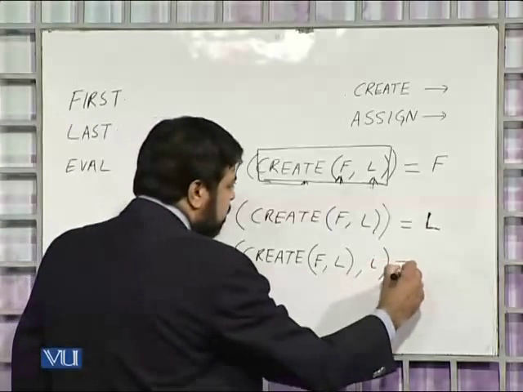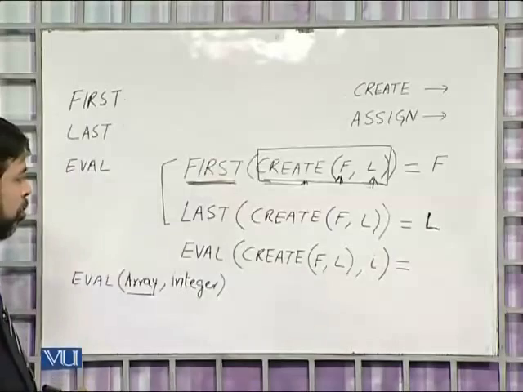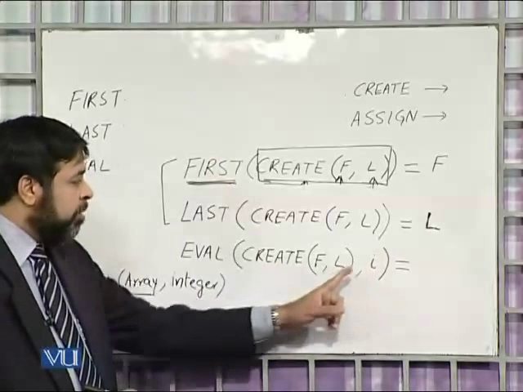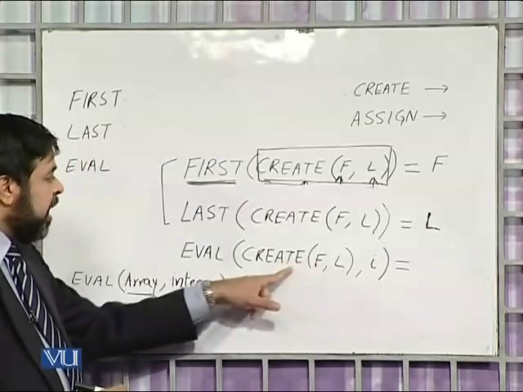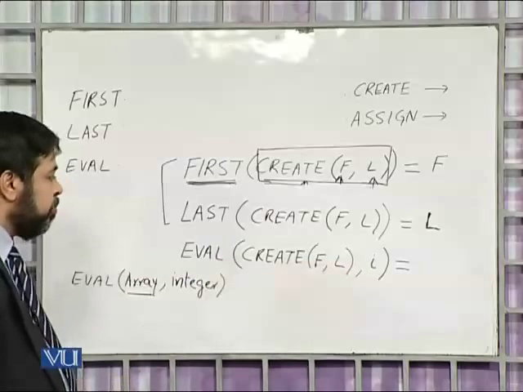Now the question is, what is the value stored at index I when this array has just been created?